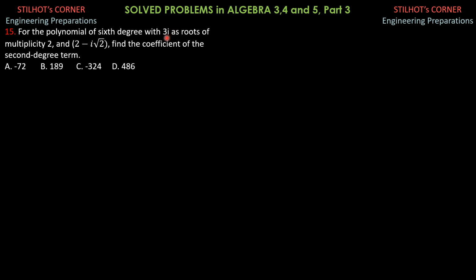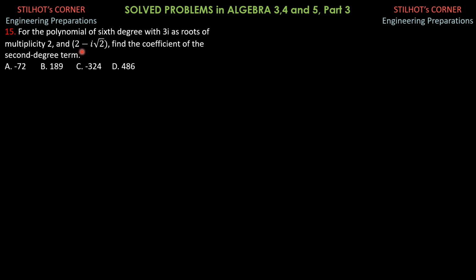Since 3i and negative 3i have multiplicity of 2, therefore in an expression, it is (x squared plus 9) quantity squared, because the multiplicity is 2.